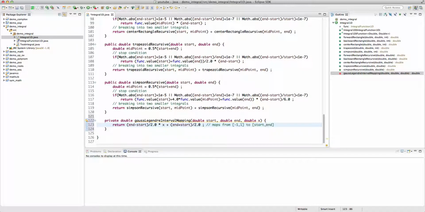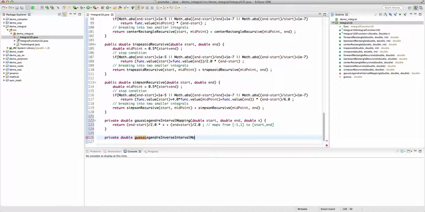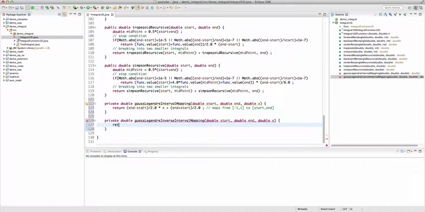Okay, now we obviously can do the reverse of this, private double Gauss-Legendre inverse interval mapping, and double start, double end, and double x. And here we return 2 divided by end minus start times x minus end plus start over 2.0.